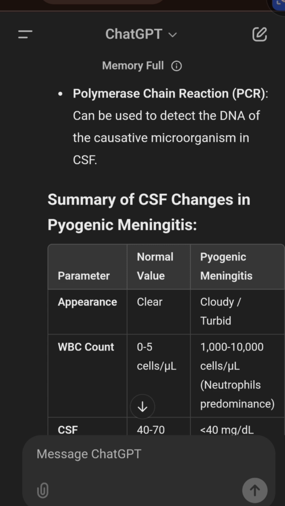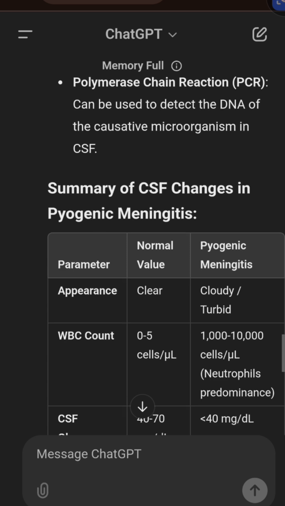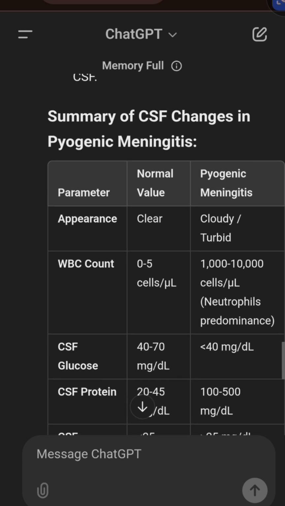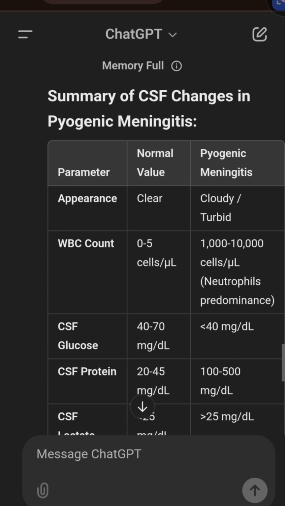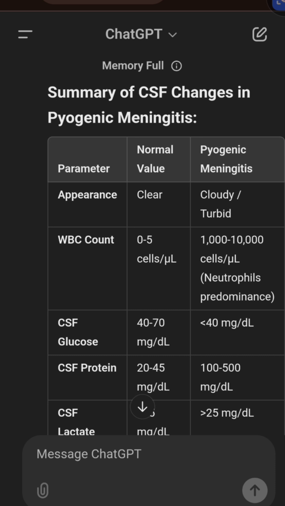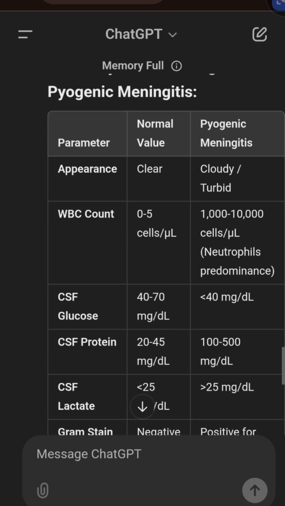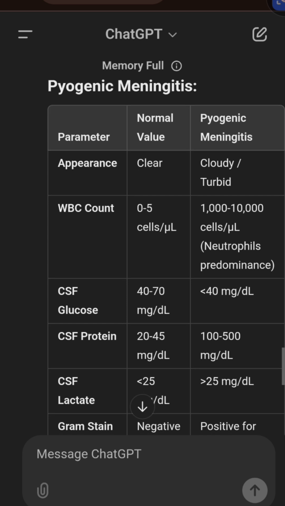Summary of CSF changes in pyogenic meningitis. Parameter, normal value, pyogenic meningitis. Appearance: clear, cloudy or turbid. WBC count: 0 to 5 cells, 1000 to 10,000 cells, neutrophil predominance.